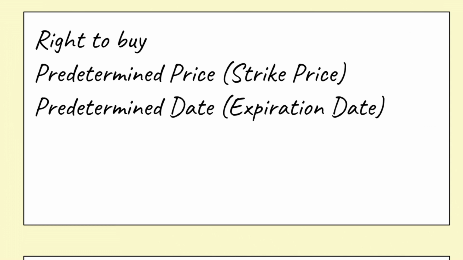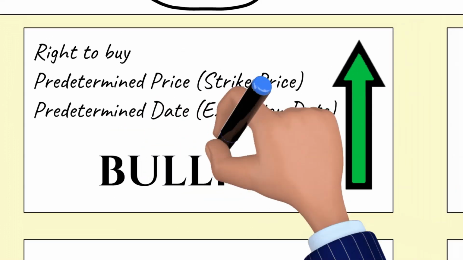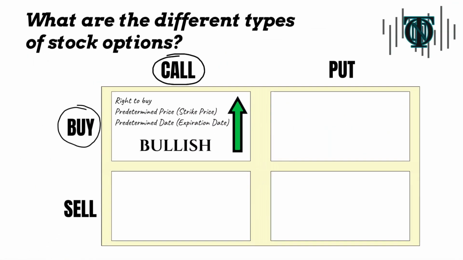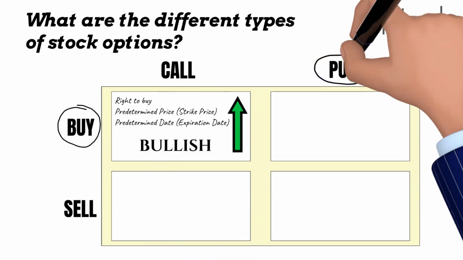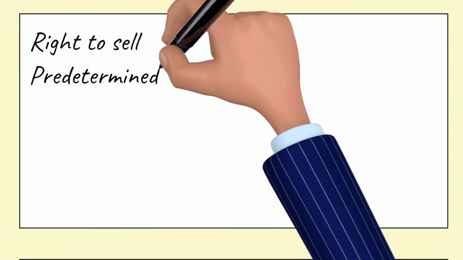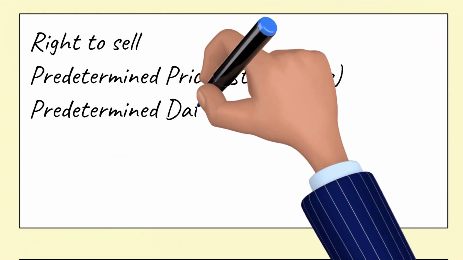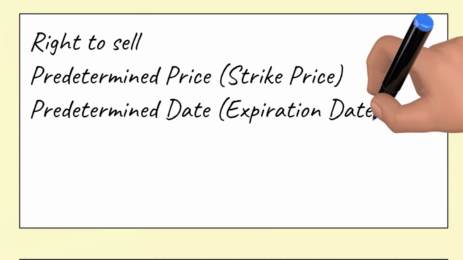And just like buying shares of a stock outright, when we buy a call, we become profitable when the stock moves up, or as we just discussed, we are bullish. On the other hand, let's say we wanted to buy a put. Well, a put is the opposite of a call, so therefore, we are now giving ourselves the right to sell shares of the underlying stock, but still done at a predetermined price, the strike price, and a predetermined date, the expiration date.